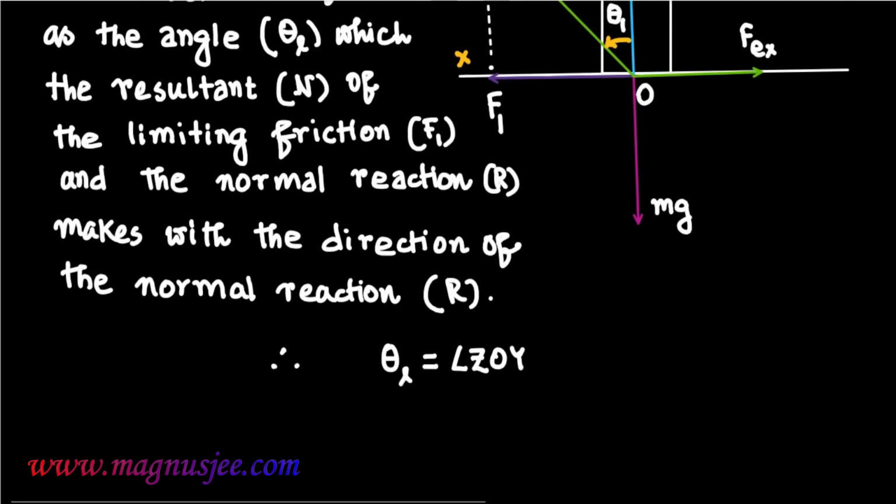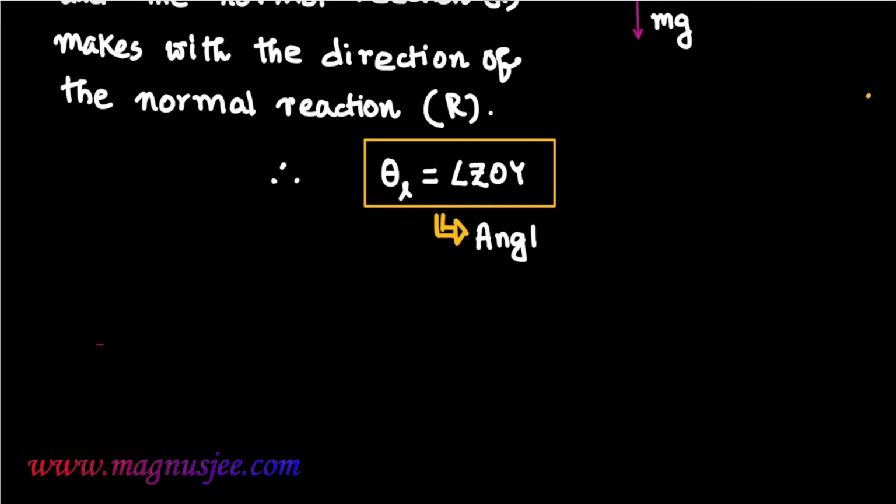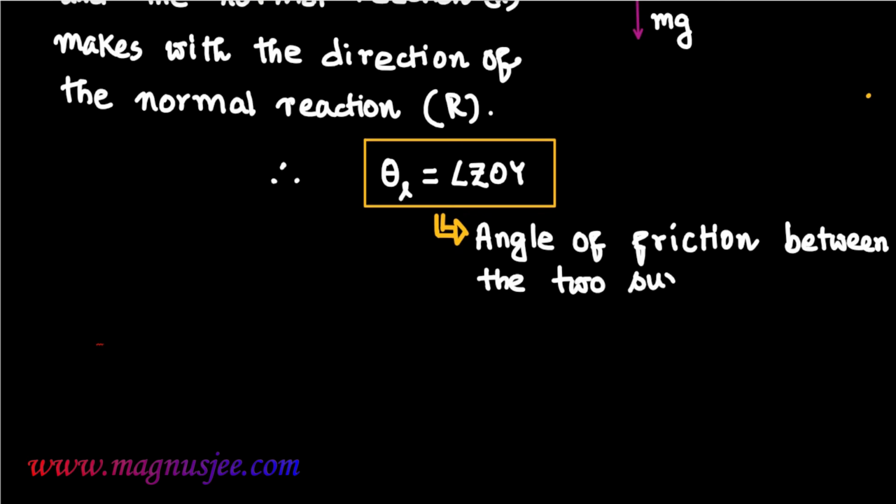Here the angle theta L is angle ZOY. Theta L equal to angle ZOY is the angle of friction between the two surfaces in contact.